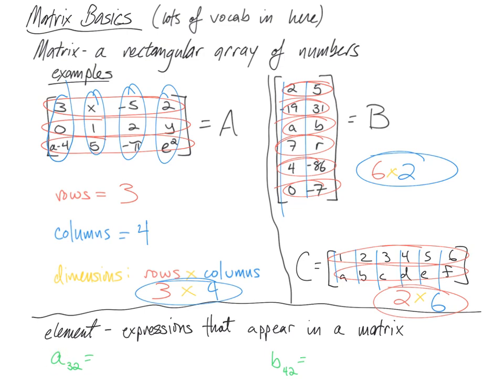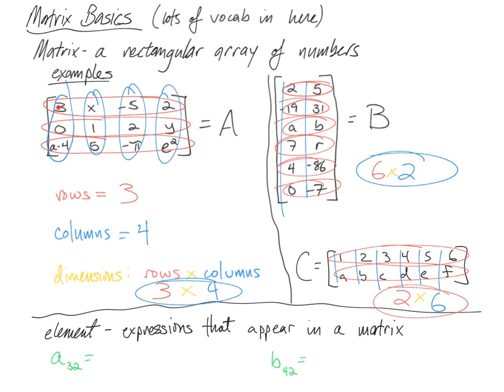The lowercase letters correspond to the capital letters that represent the matrix. So if we're looking for element a subscript 3, 2, we are looking for something in matrix A, and we're looking for what will be in row 3, column 2, just like we do the dimensions. This is like where's the location in rows first and columns second.